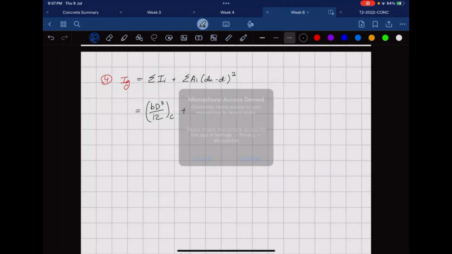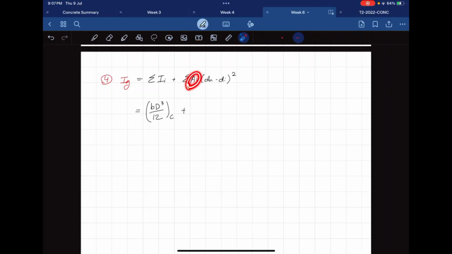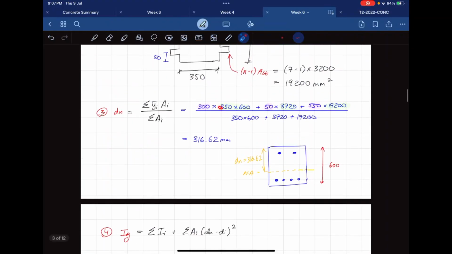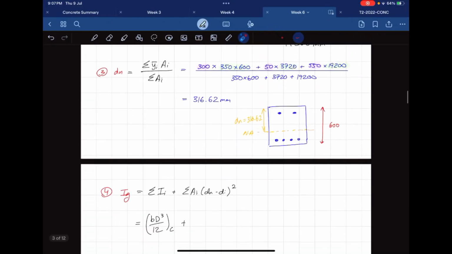And then obviously you take the area of each component, which we already did over here. We already have the areas. We found dn, which stays constant. Di is just each of the component centroids.